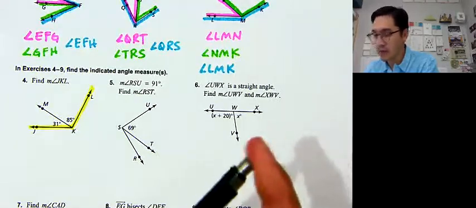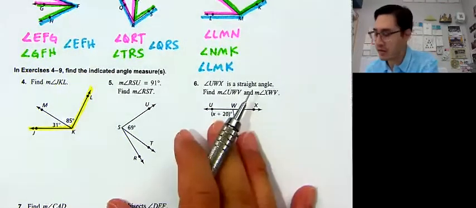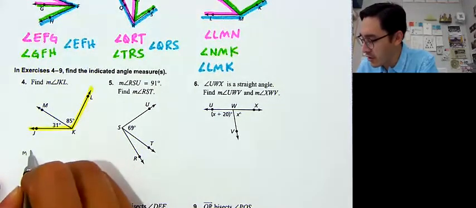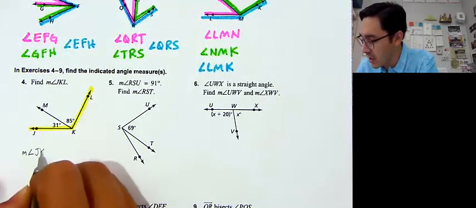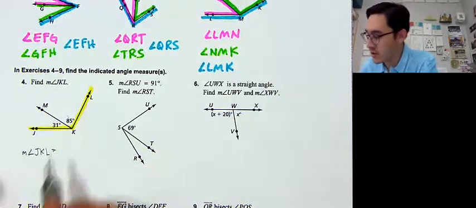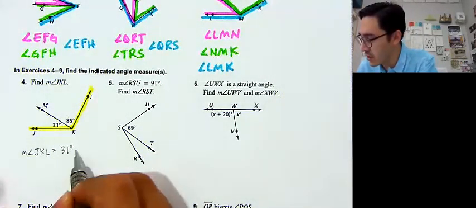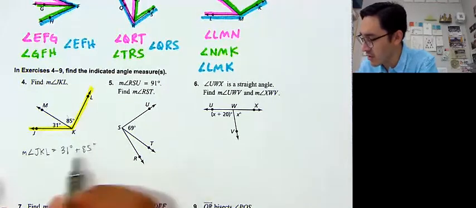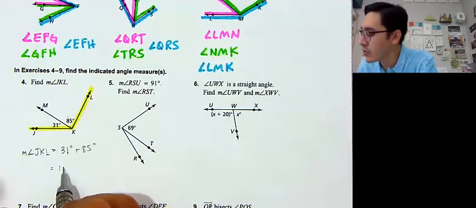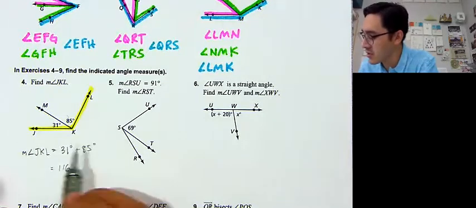So it's as simple as adding those 2 angles together. The measure of angle JKL is the sum of the 2 parts: 31 degrees plus 85 degrees equals 116 degrees.